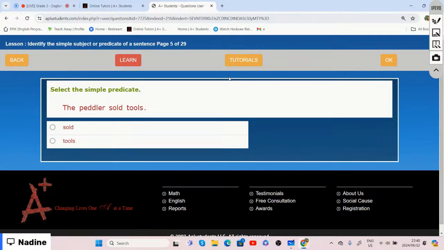The simple predicate. So we need to identify the simple predicate that tells us the action that the subject does, the verb within that sentence.